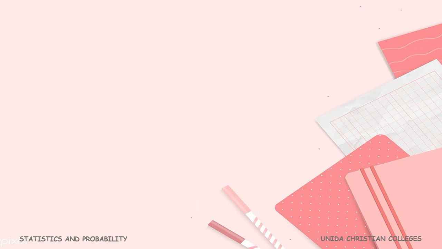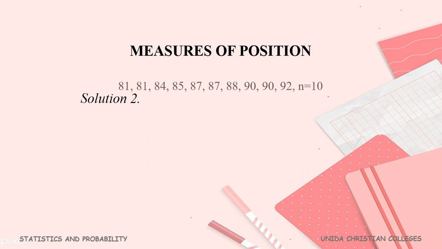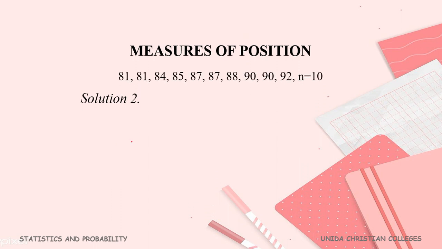So, interpolate po natin yung nakuha po nating decimal. Again, this is our given, and nasa pagitan po ni 85 and 87. So, this is your A. This is your B. And then, ang nakuha po natin is 4.4. So, ang decimal part po ay si 0.4 or si 0.40.